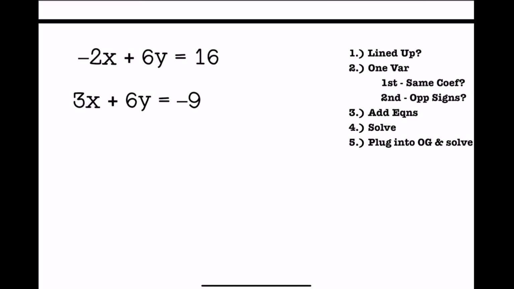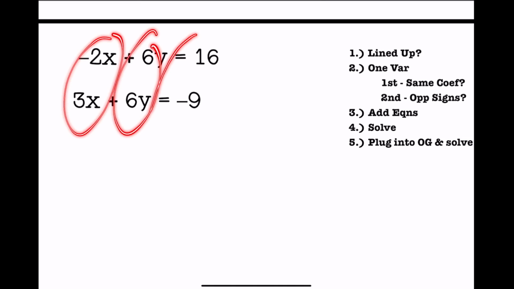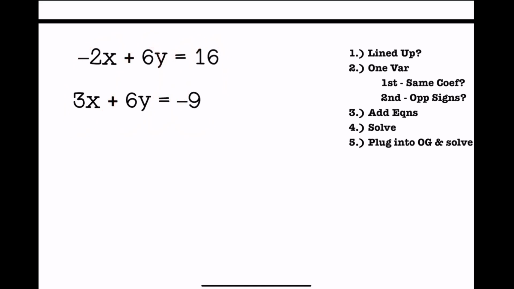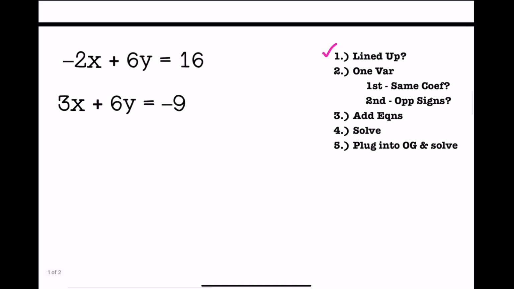All right. So, is it lined up? Let's see. X's, Y's, equal signs, numbers. Everybody's lined up. We're good. Now, for one of our variables, do we have the same coefficient? Yes, it looks like here we have the same coefficient for our y's. So, yay. But we don't seem to have opposite signs for these y's.